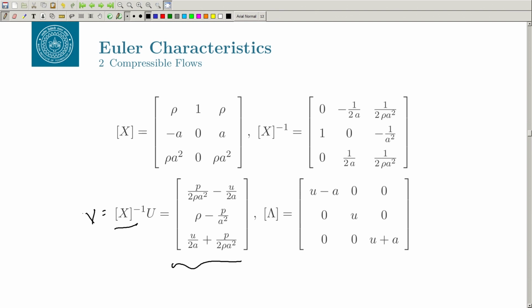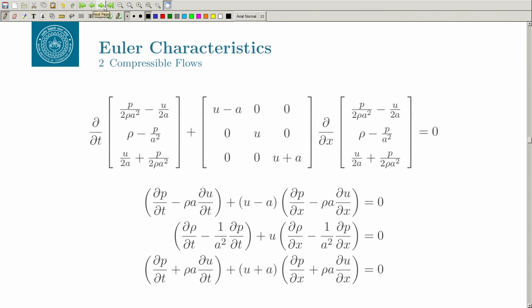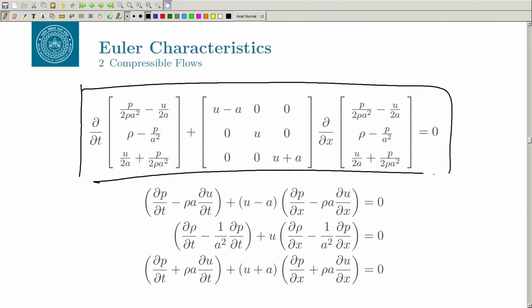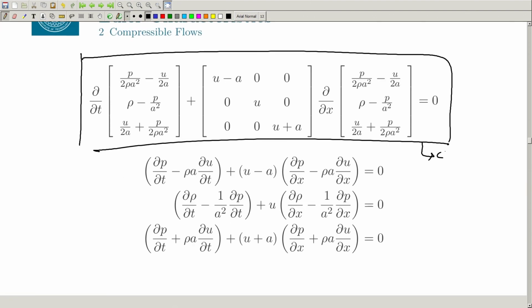This is your new vector, and you can write everything in this form, and finally your equations will look something like this. This is your final equation. These are called the characteristic form of the 1D Euler equations.